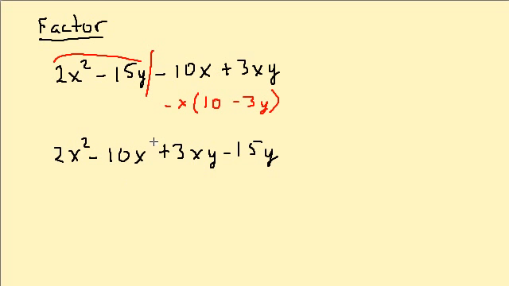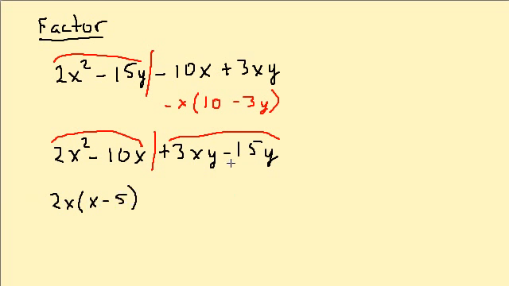So let's look. We have 4 terms. We're going to split it down the middle. Okay, there's the first part, and there's the second part. So out of the first part, I can factor out a 2x, and so that leaves me with x minus 5.